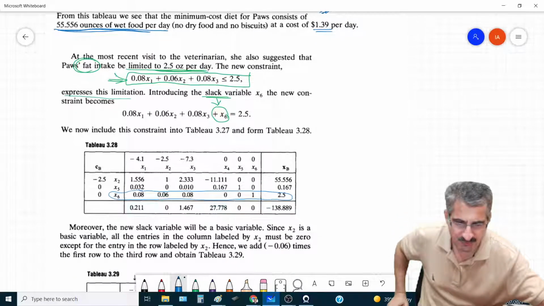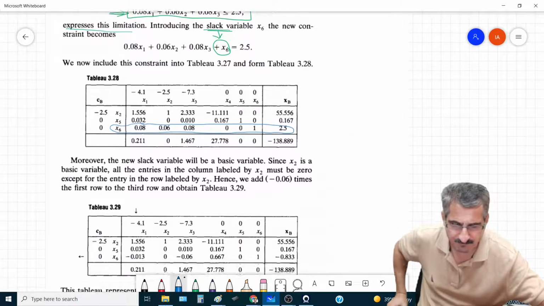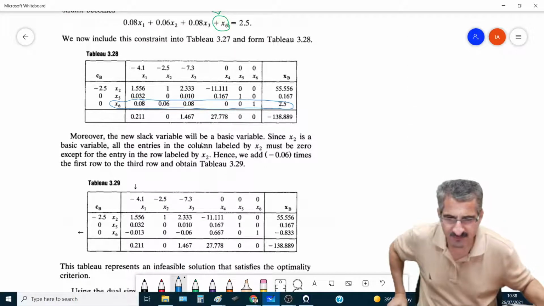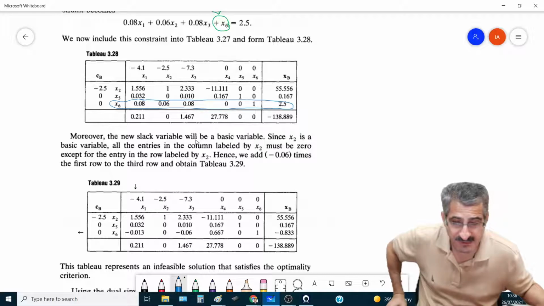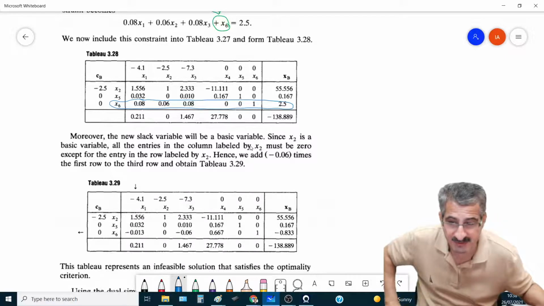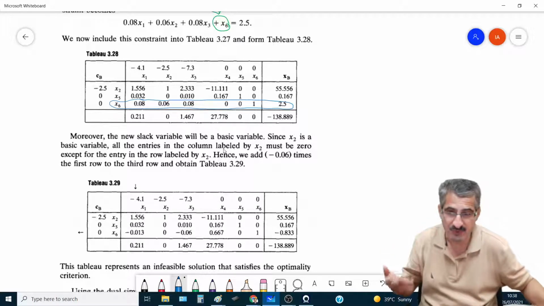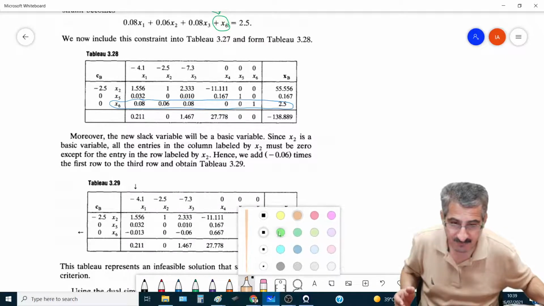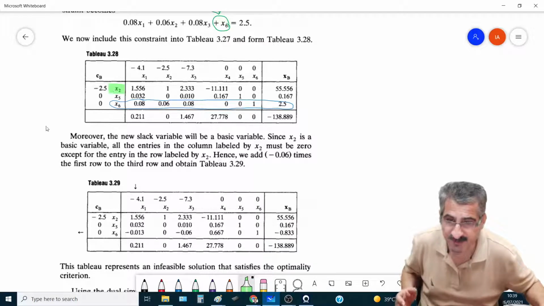Now, what we do after that, the new slack variable will be a basic variable. Since x2 is a basic variable, the entries labeled by x2 must be 0, except the entry in the row labeled by x2. Now, this is saying what? x2 is a basic variable.